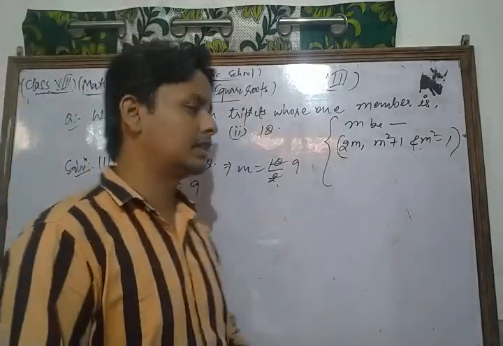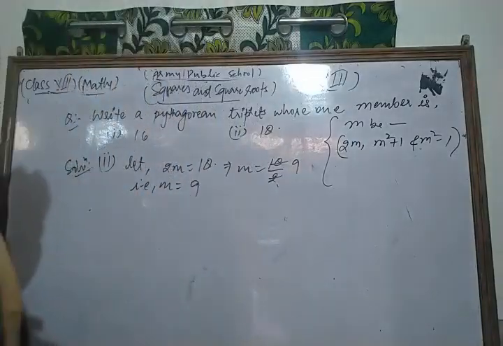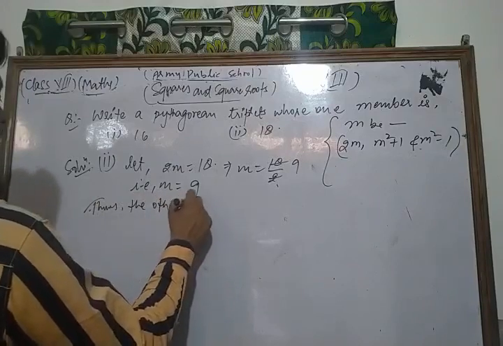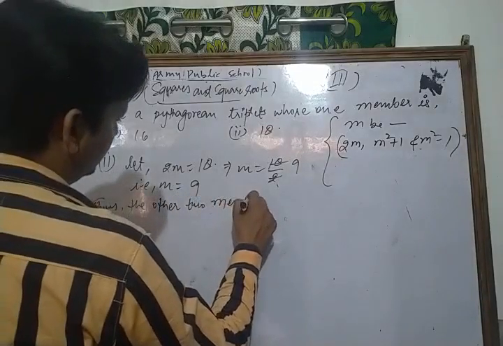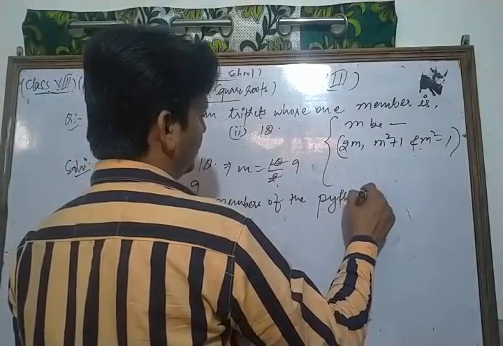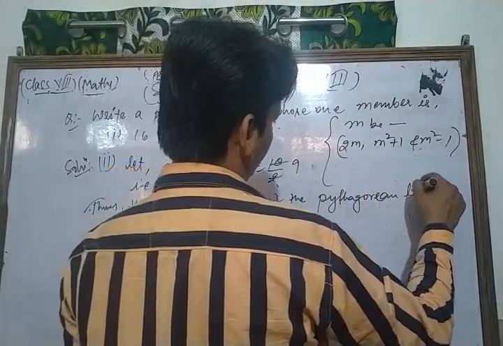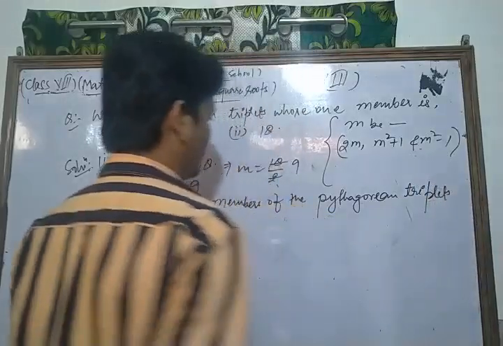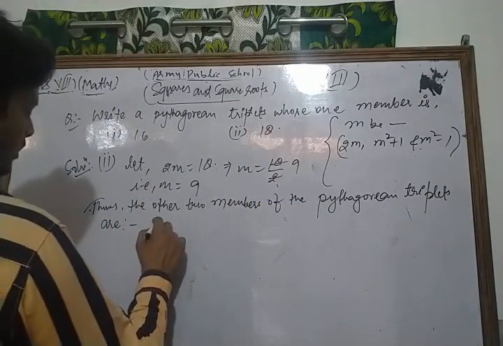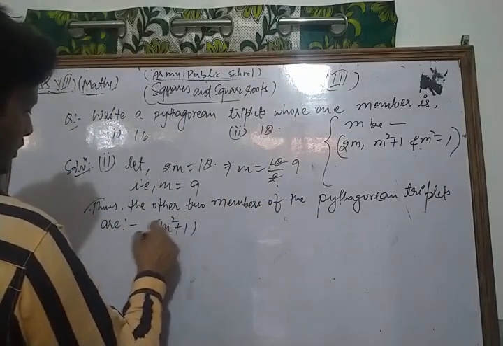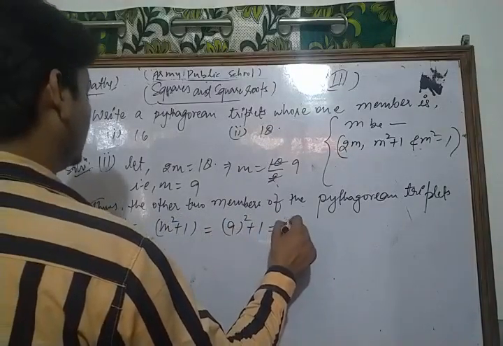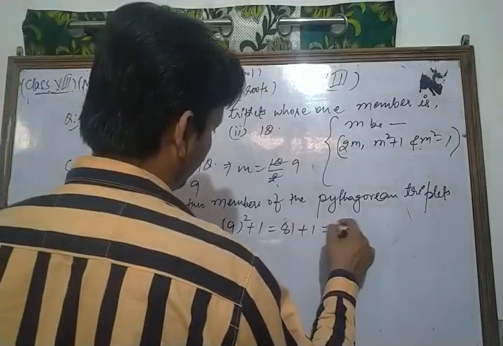Now thus the other two members of the Pythagorean triplets are: m square plus 1, which is equal to 9 square plus 1, that is 81 plus 1, that is 82.